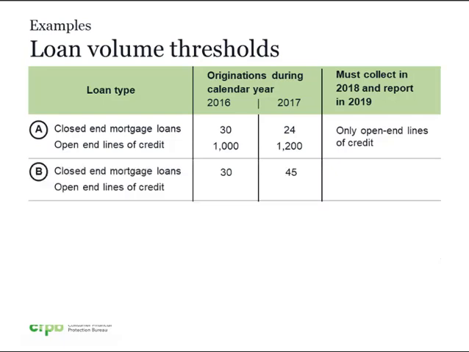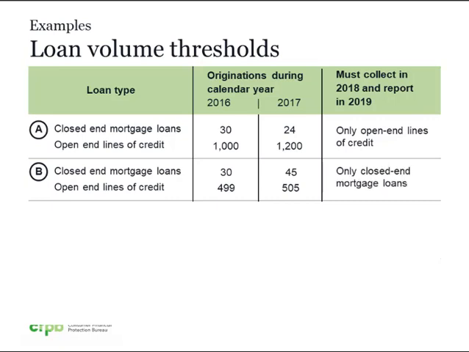Let's take a look at Institution B's lending activity. In 2016, Institution B originated 30 closed-end mortgage loans and 499 open-end lines of credit. In 2017, Institution B originated 45 closed-end mortgage loans and 505 open-end lines of credit.